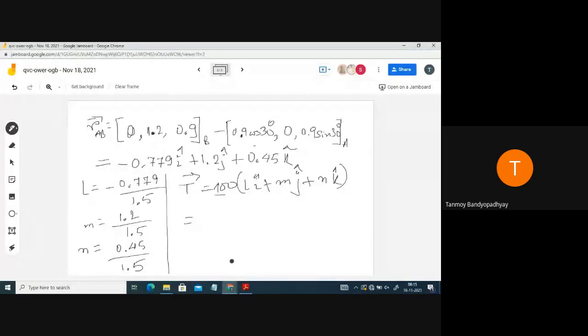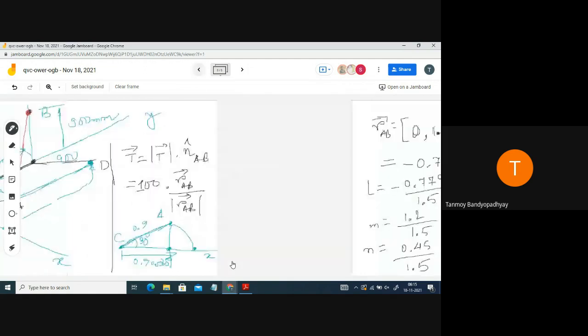Once you put all the values, taking 1.5 common, this is 1.5 times whatever you get inside the bracket: 0.779 i cap plus 1.2 j cap plus 0.45 k cap. Complete this at your home. This is the first part, calculating the T vector.